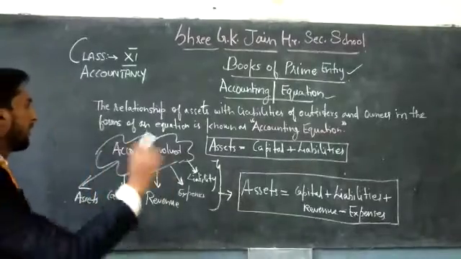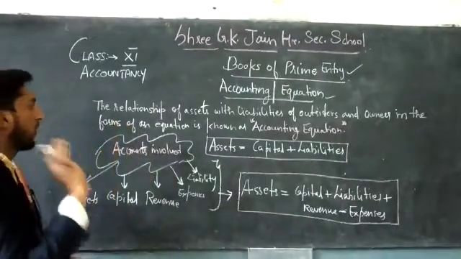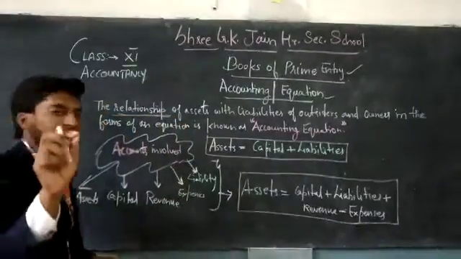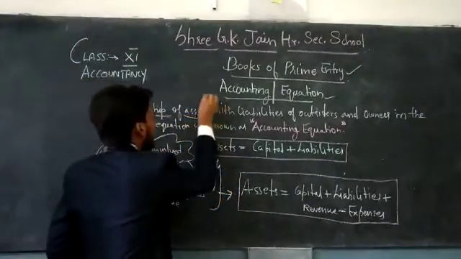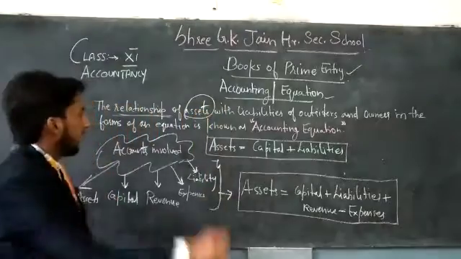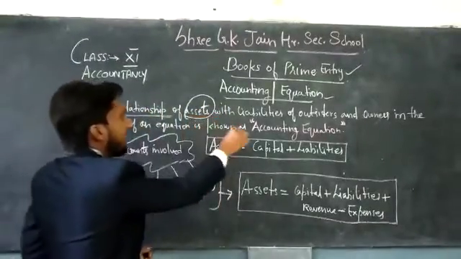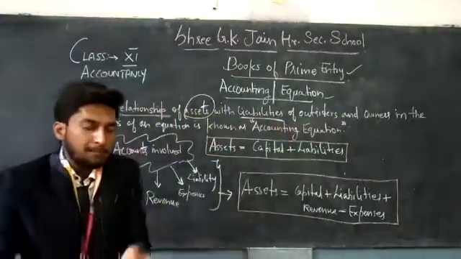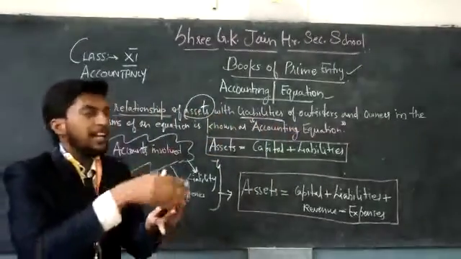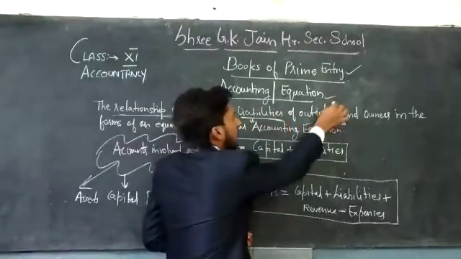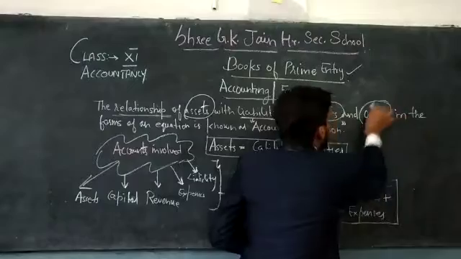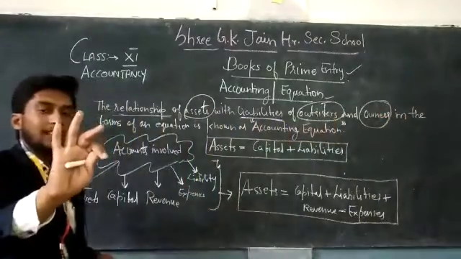It is a very simple meaning. In two lines, you can understand the relationship. The relationship of assets, a very important thing, with liabilities. The relationship between the assets and the liabilities of whom? Liabilities of outsiders and owners. You have three things.